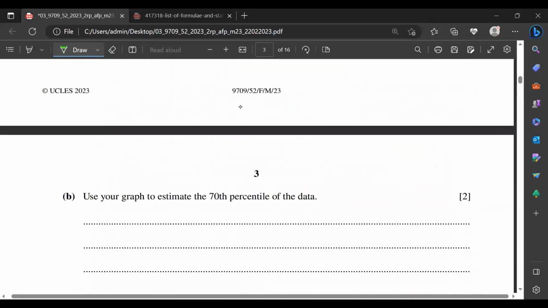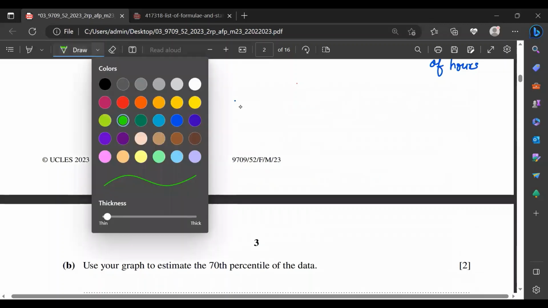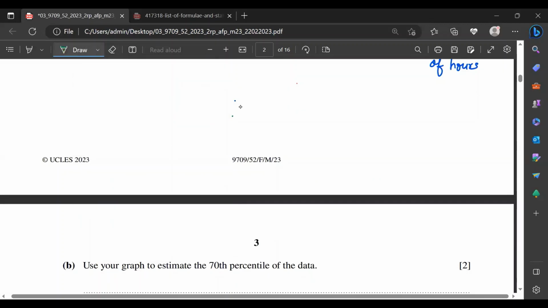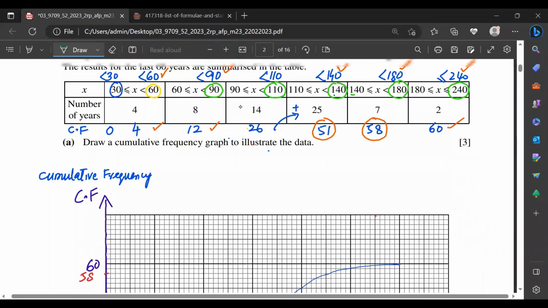The next part is to use the graph to estimate the 70th percentile. 60 is the total number of years.